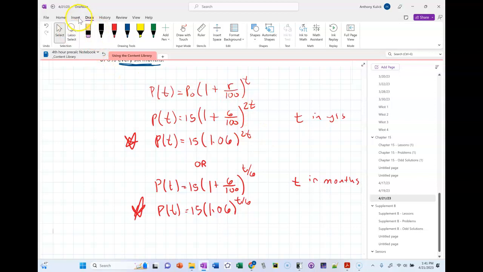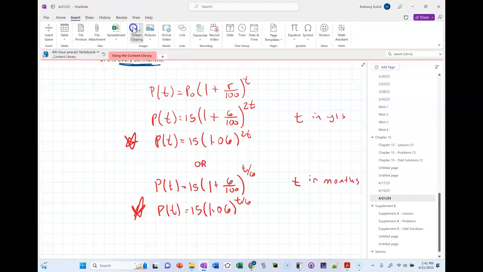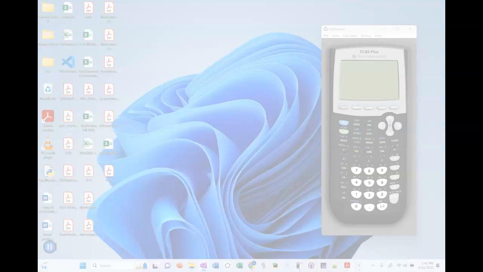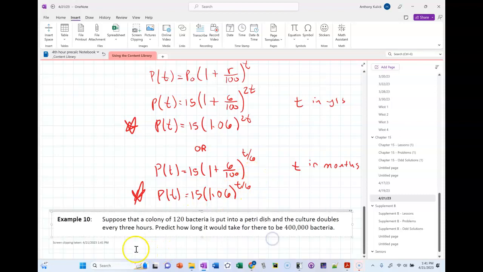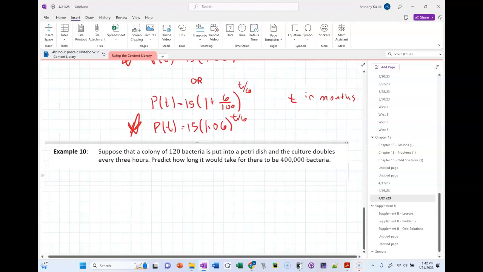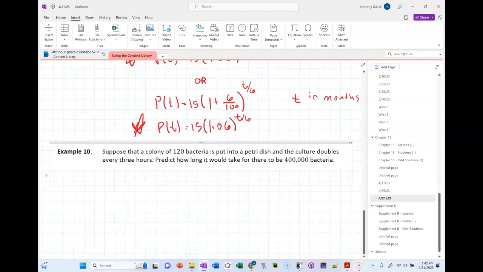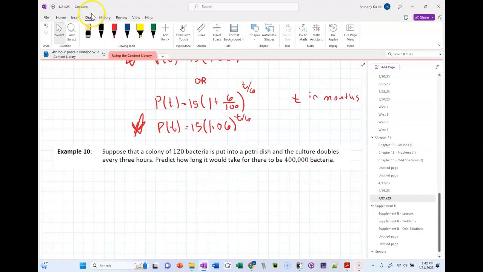All right, let's do another example. Okay. Here it says, suppose a colony of 120 bacteria is put into a petri dish and the culture doubles every 3 hours.